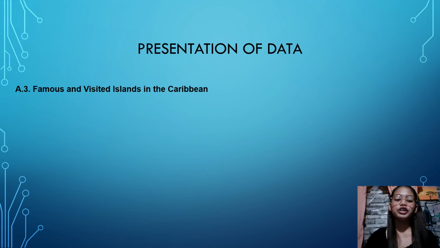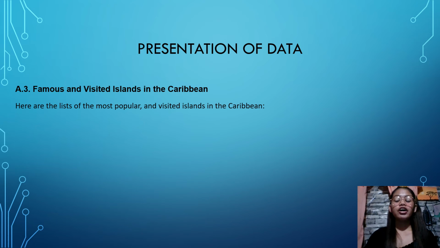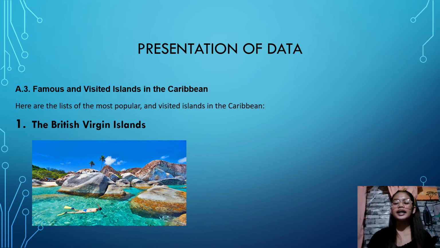Now, let's proceed to the famous and visited islands in the Caribbean. So, are you excited to know that? Here is the list of the most popular and visited islands in the Caribbean. First, we have the British Virgin Islands. This is the photo of the British Virgin Islands. It is popular among tourists because of its very nice beaches.